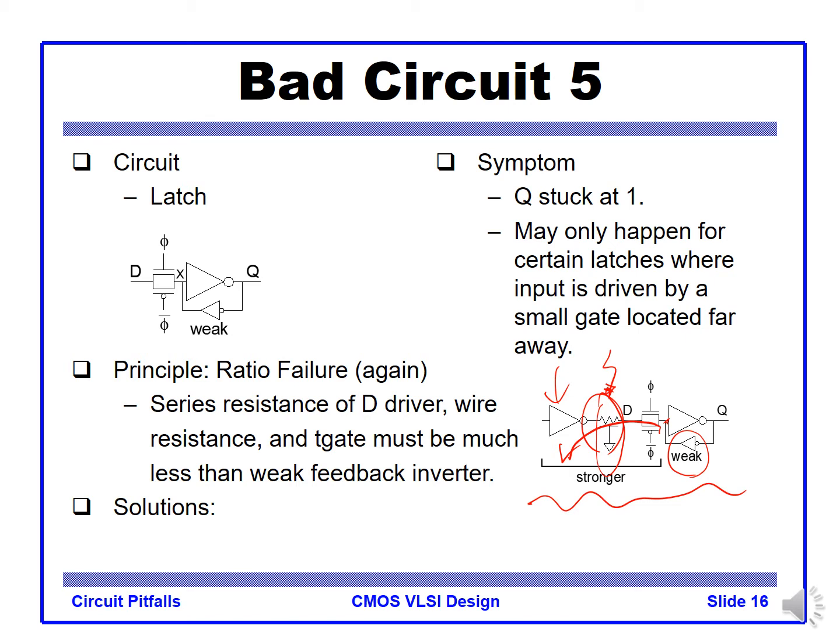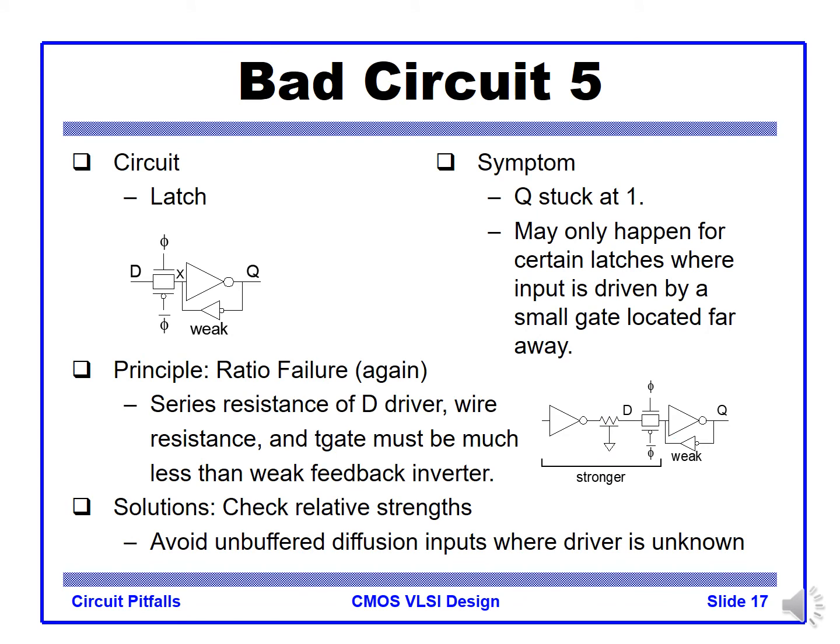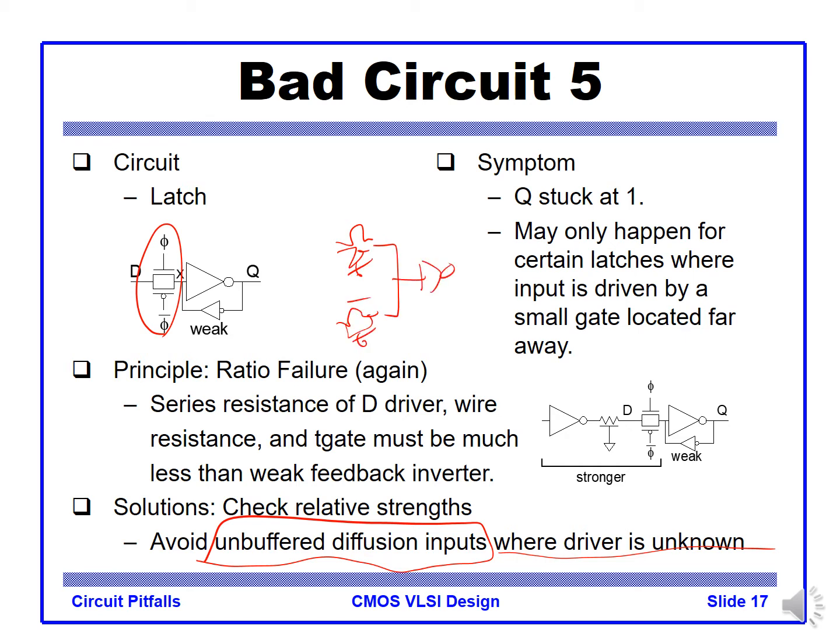So the solution: just avoid that unbuffered diffusion input, like this kind of circuit where the driver is unknown, right? This may happen when you use pass transistor logic with a multiplexer again.